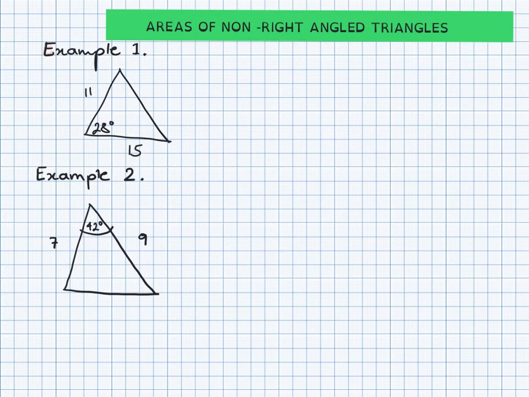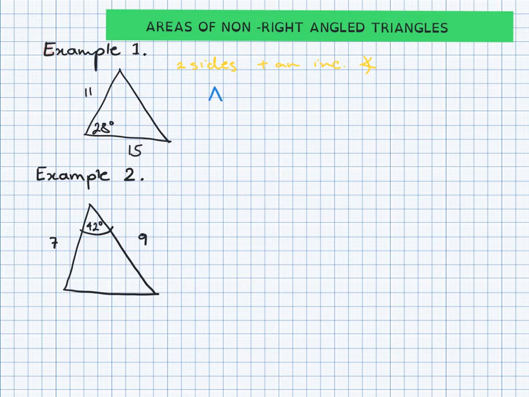So let's go and do a few examples. Example 1, what we have here is two sides given, plus an included angle. This is the notation for the angle. So two sides and the included angle are given.